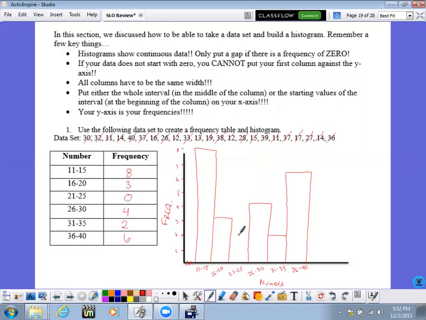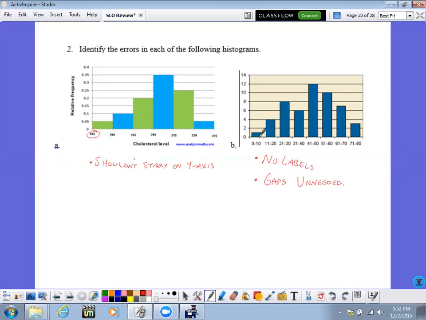We can have a gap like this right here, except that gap has to be surrounded by data and it has to be representative of a 0 frequency. That's not what these gaps are. Notice you go 0 to 10, 11 to 20. Those gaps are not the same. Another thing that you could say is that since this does start with 0, this should be on the y-axis.